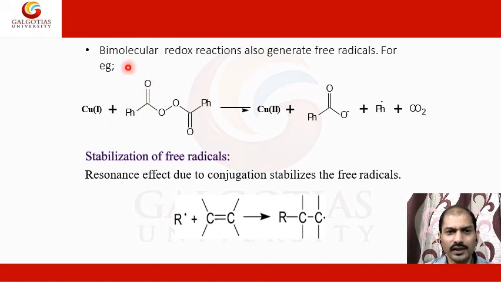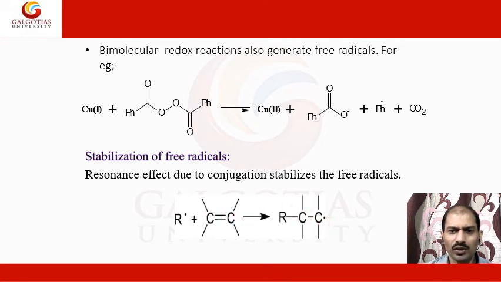You can see here that bimolecular redox reactions also generate free radicals. For example, here there are different bimolecular redox reactions in which the free radical can be generated. Here you can see the phenyl radicals. Similarly, stabilization is also very important, because the resonance effect due to conjugation stabilizes the free radical. So here you can see the resonance. If you can make a number of resonating structures, the free radical can be more stabilized.